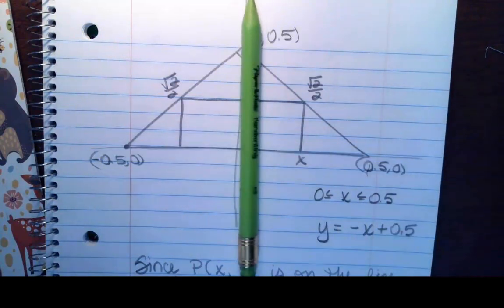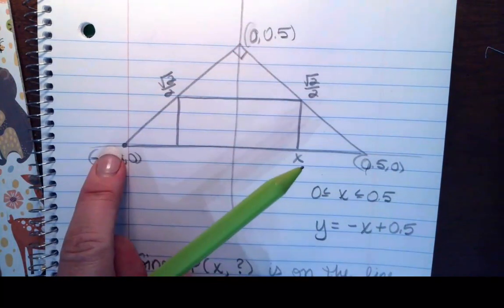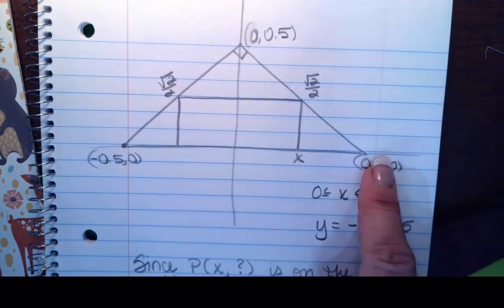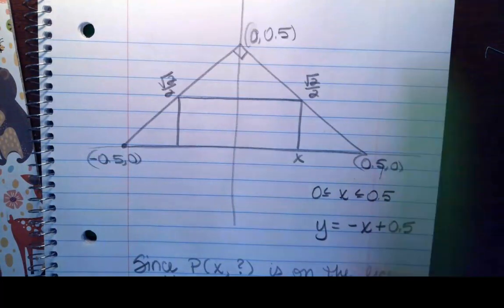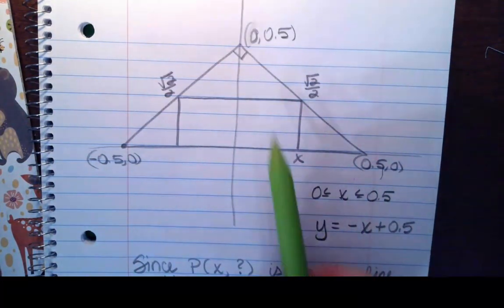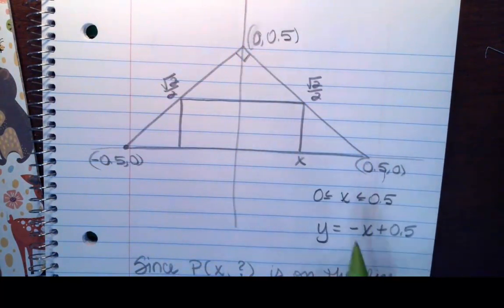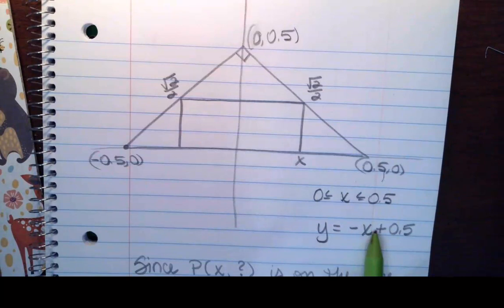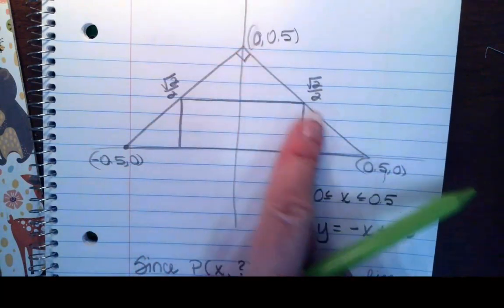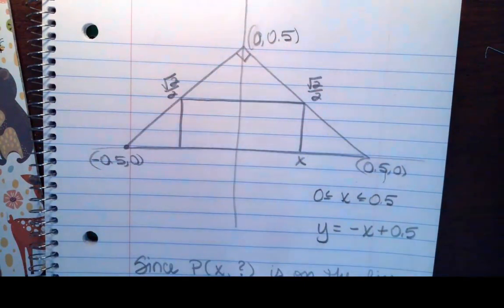And so this has a height of 0.5, this is left 0.5, and this is right 0.5. Okay, so knowing that information, that makes the equation of this line right here, or this leg, negative x plus 0.5, because it's on a negative 1. Okay, and then the y-intercept is 0.5.